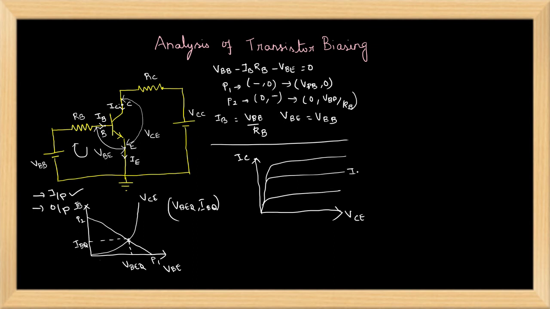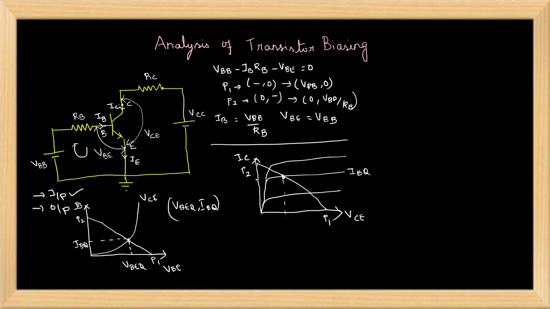Suppose, let this be IBQ. This is the load line which is drawn between point P1 and P2, and this is our point of intersection. This is our Q point of the transistor.